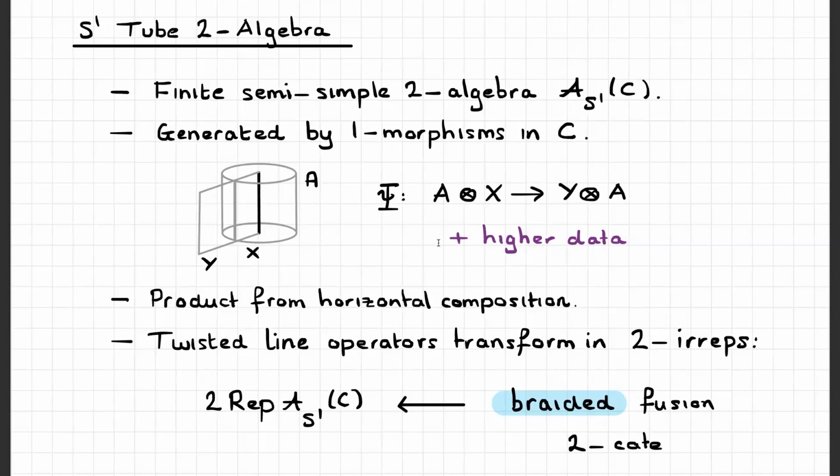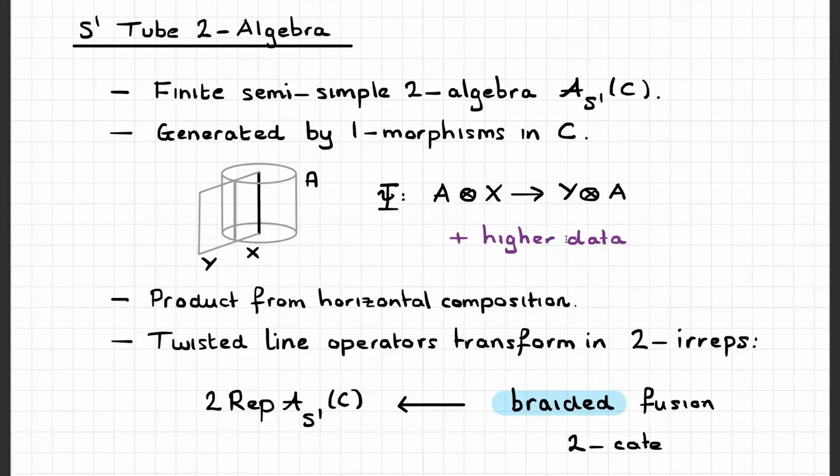So let me tell you what the objects are. Well, the objects are generated by one-morphisms in your fusion 2-category C. So again, you might have an X twisted sector. The action is by A, and then it transforms it to a Y twisted sector. And the intersection here is labeled by a one-morphism of this form.